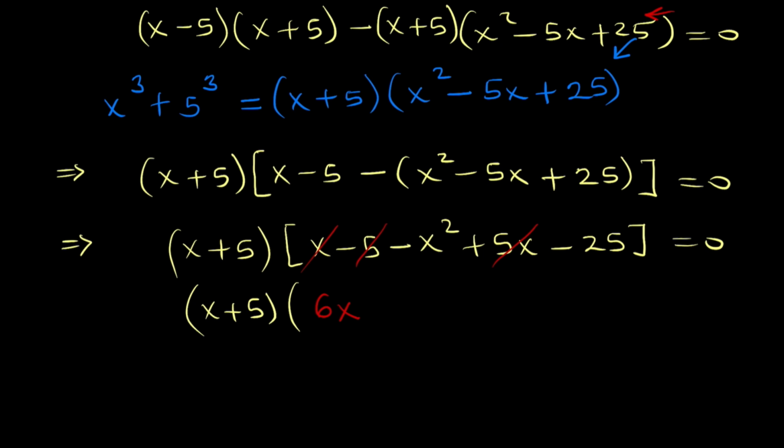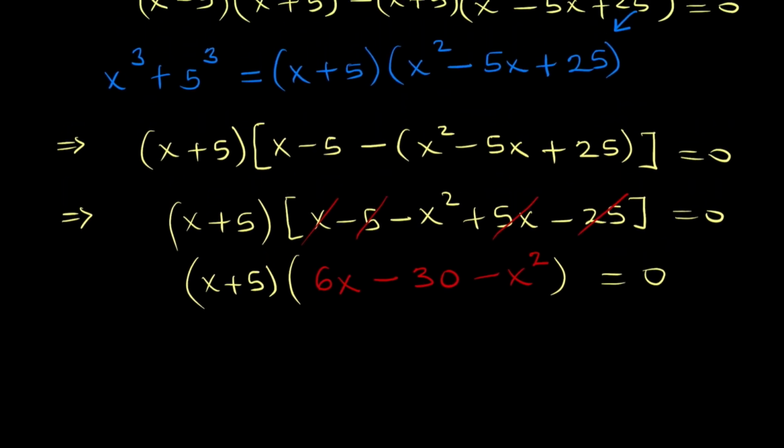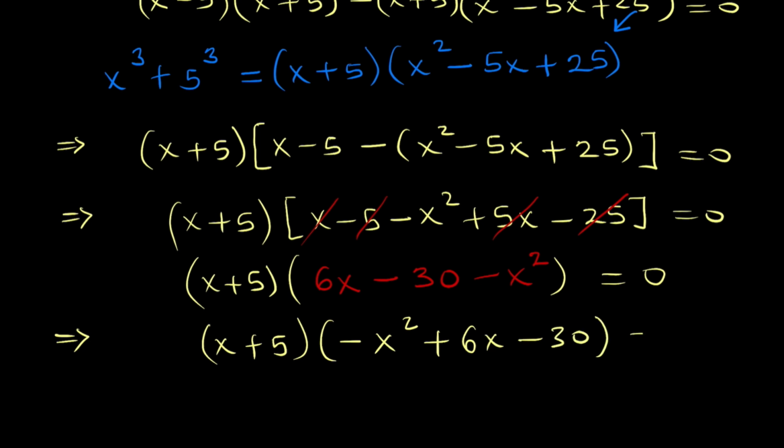Then minus 5 minus 25, that is minus 30. Then minus x squared is equal to 0. I'm going to arrange that in order. So what we have here is x plus 5 into brackets negative x squared plus 6x, then minus 30 is equal to 0.